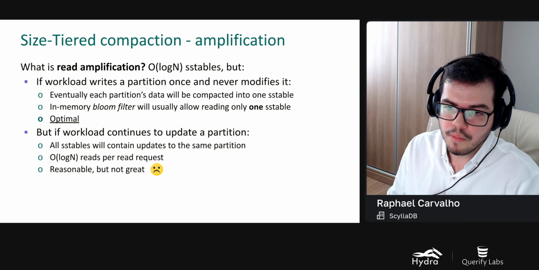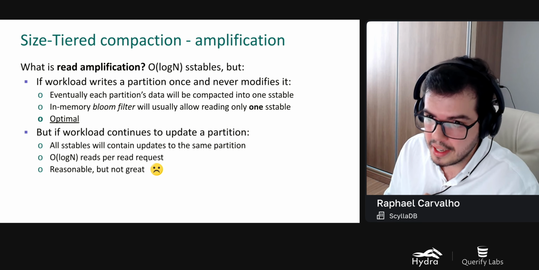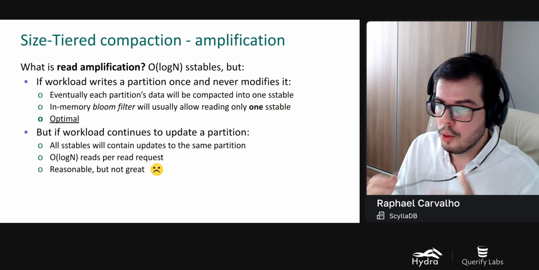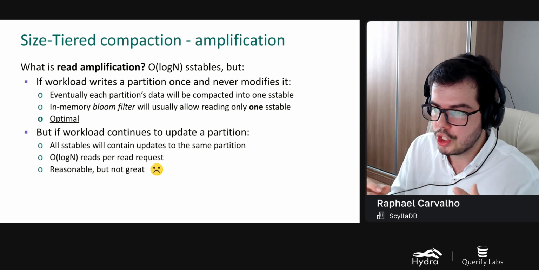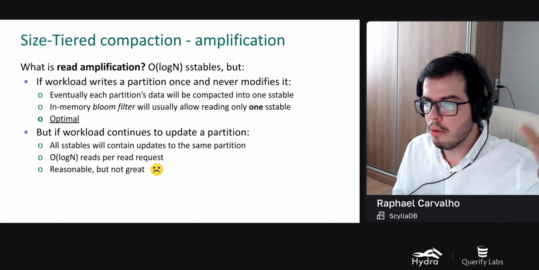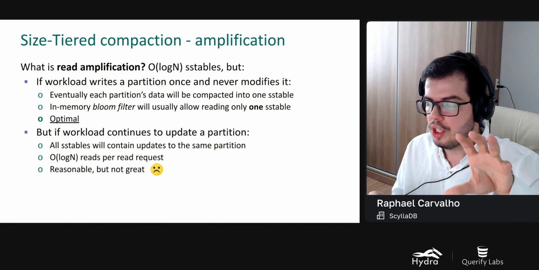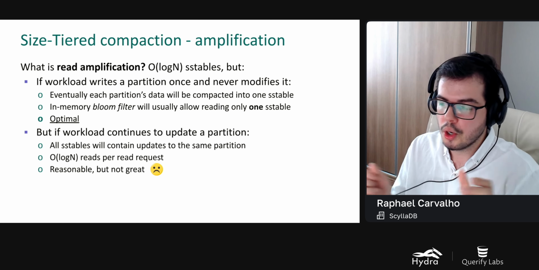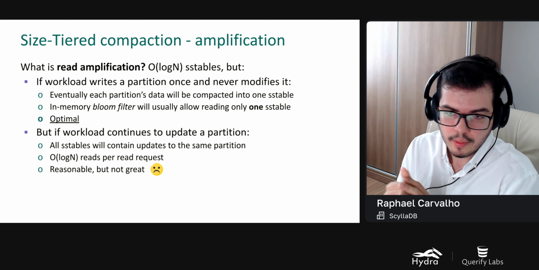The read amplification is not so good, because if your workload is overwrite intensive and you keep updating the same partition, it could happen that a given partition would be spread across all the SSTable files, because different SSTables are going to have that partition.